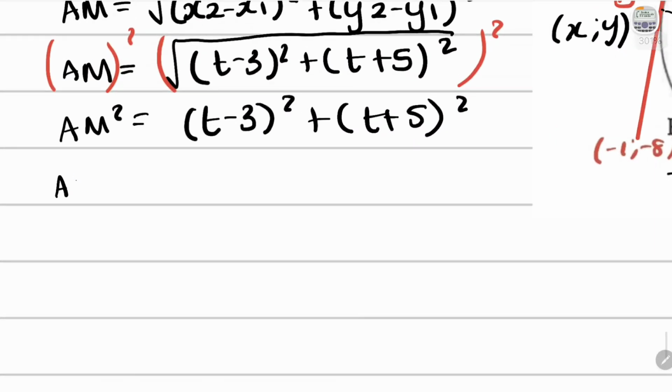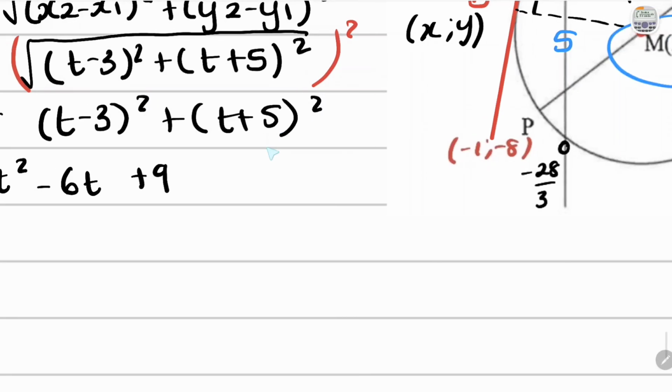AM squared is equal to, and let's FOIL, the quick method: the first term squared, which is t squared, the last term squared, which is positive 9, and then first term times second term is negative 3t, times 2, which is negative 6t. Same thing on this side: first term squared is positive t squared, last term squared is positive 25.